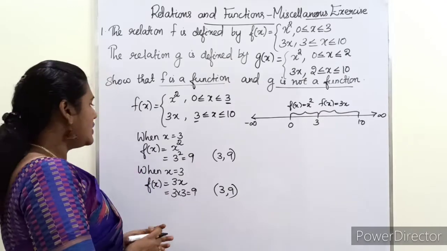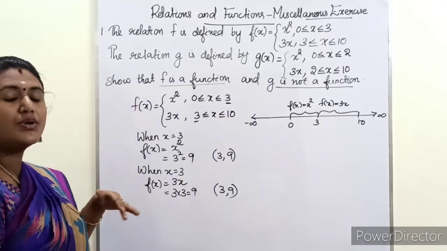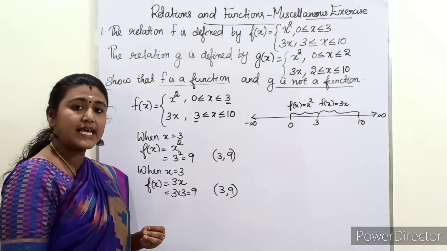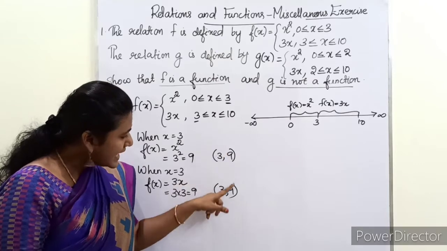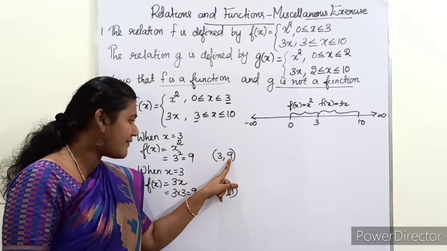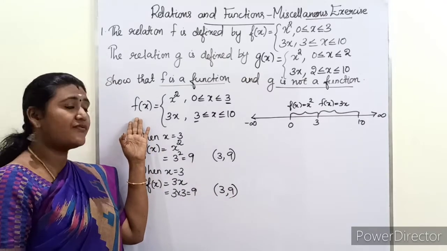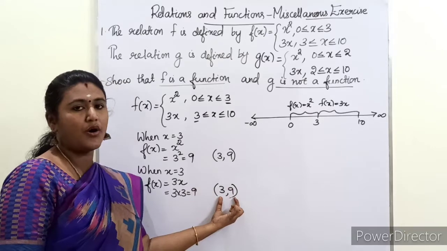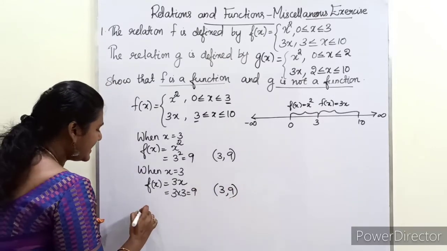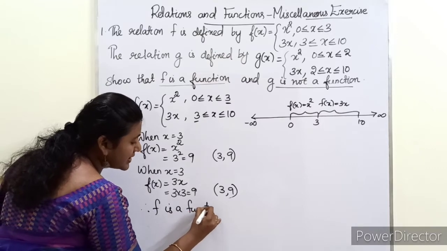You know that by the definition of a function, no two ordered pairs will have the same first element with different second elements. If the second element were different in this case, then we could say that f is not a function. But in both cases we got the same ordered pair. So we can say that f is a function.